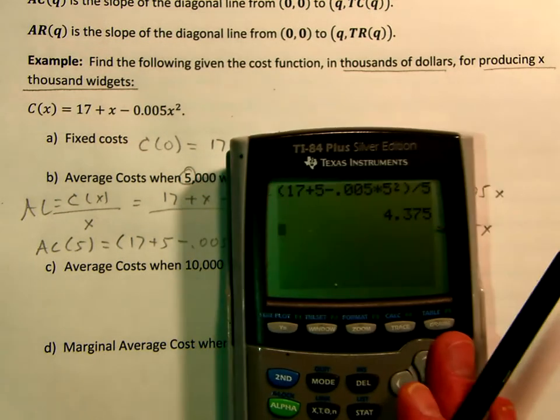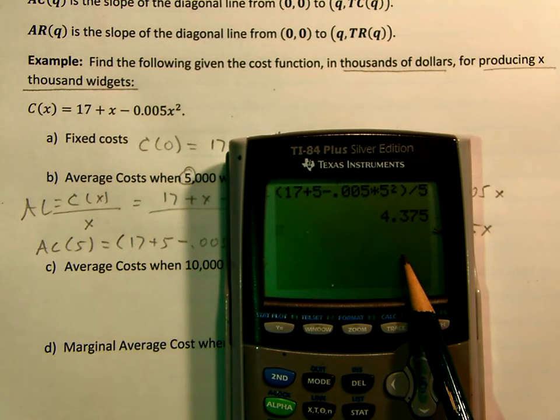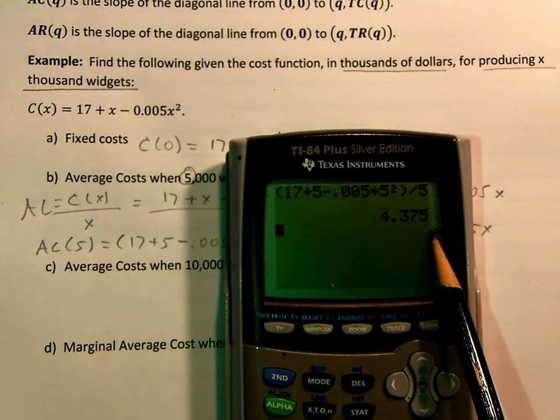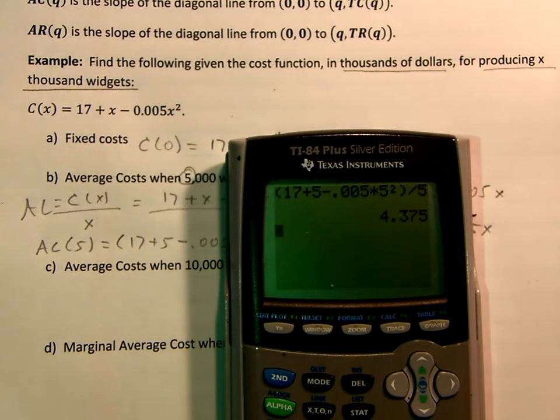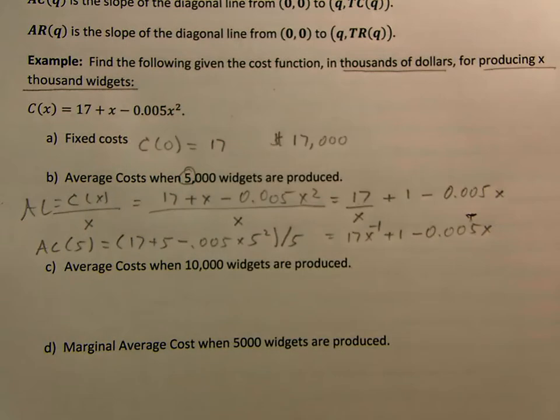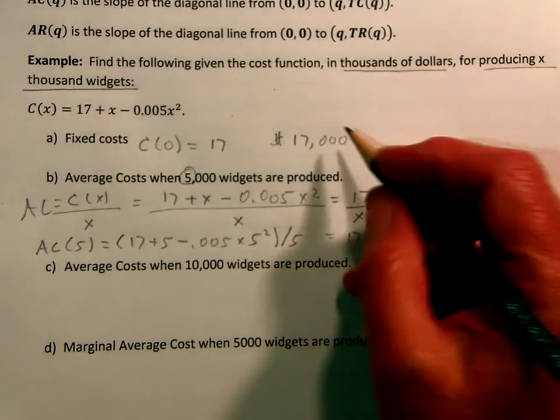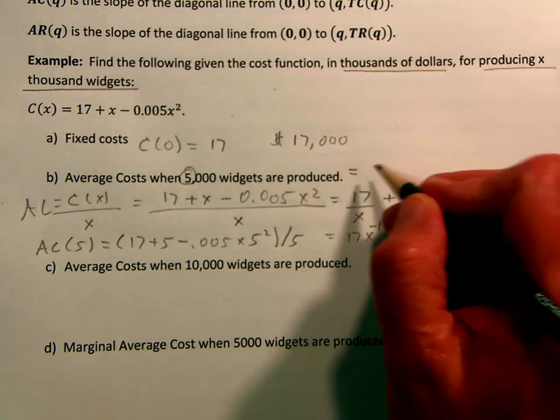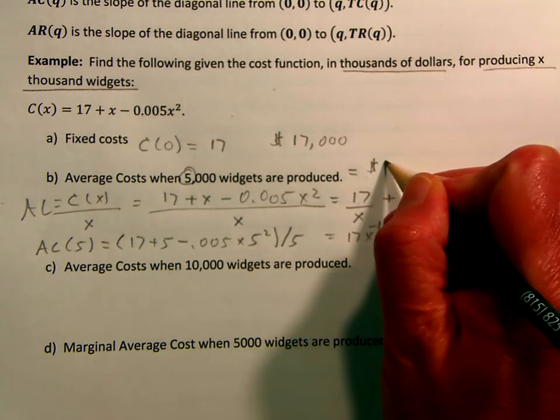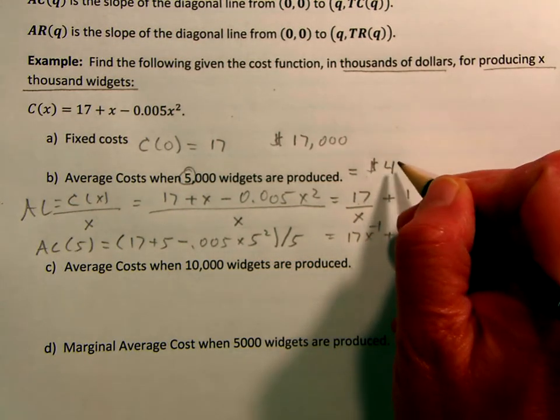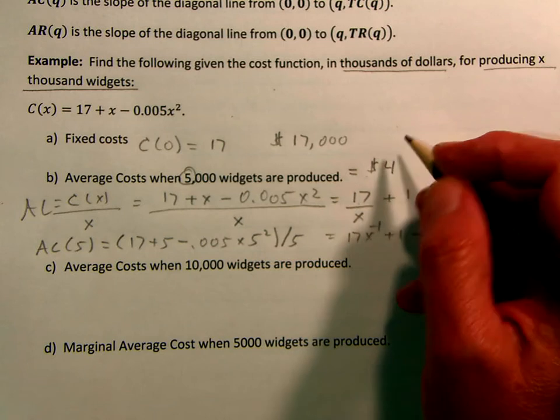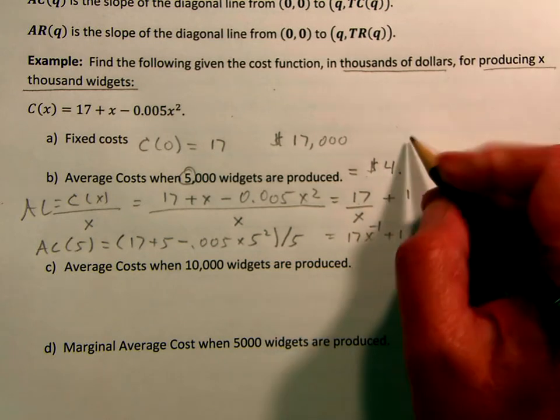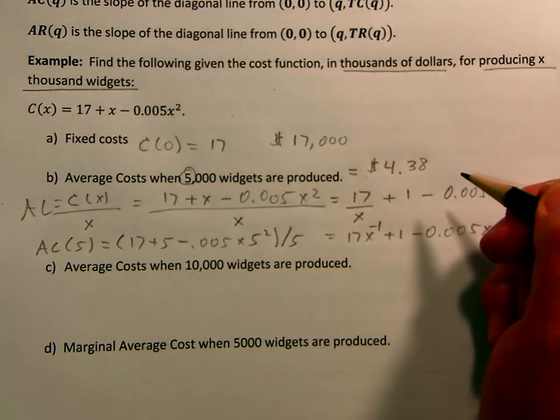So we get a value of 4.375. I'm going to round to the nearest penny. So the average cost at 5,000 was $4.38 each.